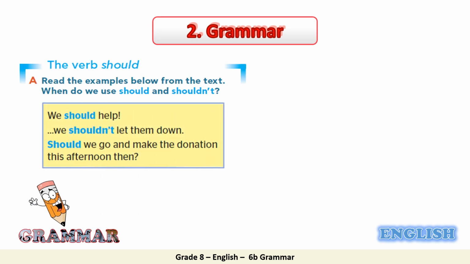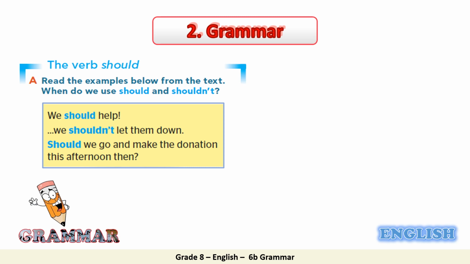In this lesson, I'm going to show you how to use the modal verb should correctly in different situations. Should is a modal verb, a helping verb, and that means we can't use should by itself. We have to use it with another verb.